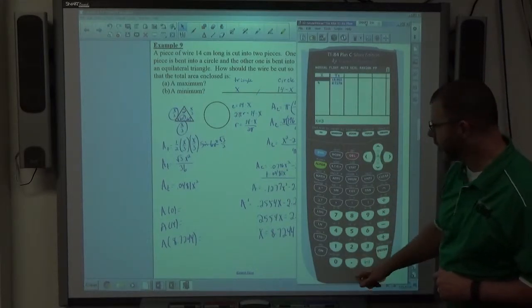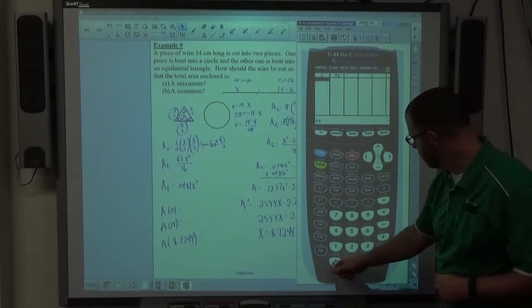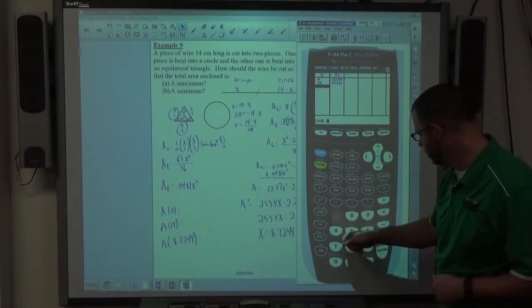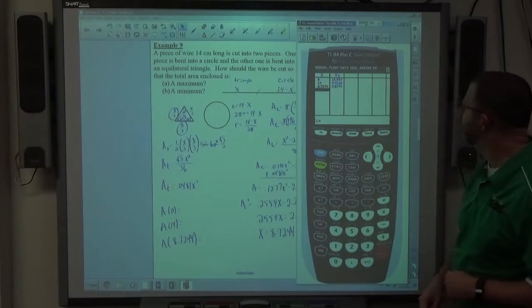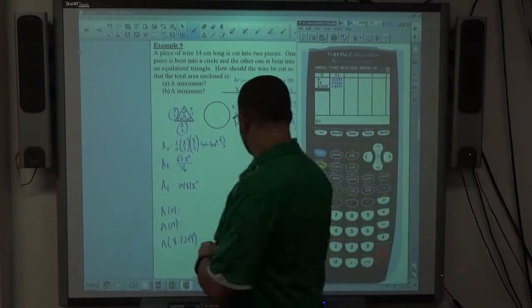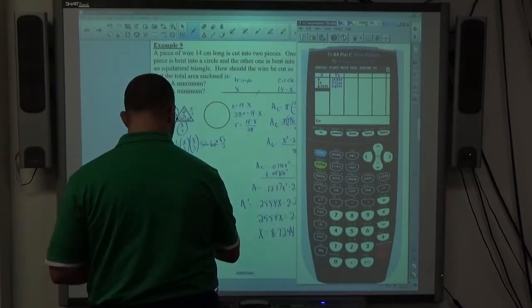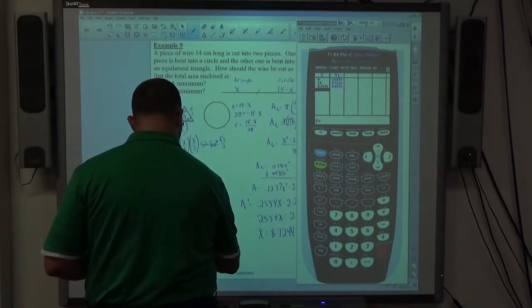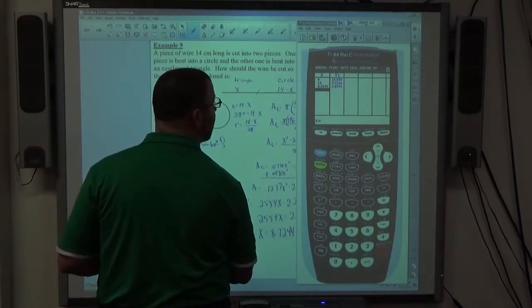So I have 0, 14, and 8.7244. At 0 we get 15.597, so 15.60 if we go a couple decimal places, then 9.43, and then we have 5.88.